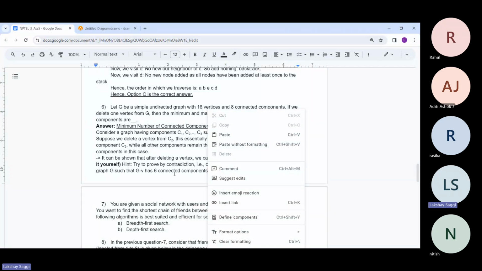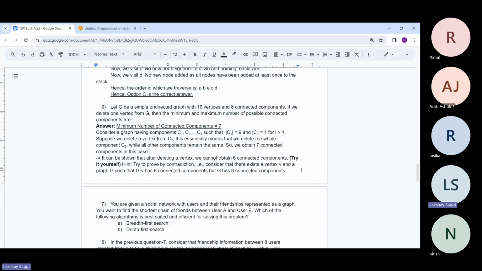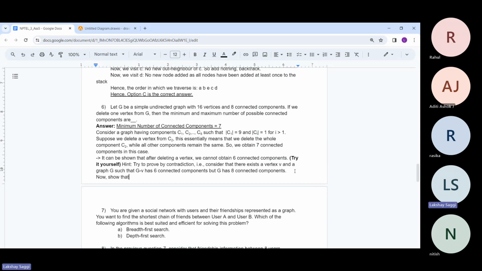Let's label these six connected components. Now show that this cannot be possible. Something like this you'll have to show, and it's not too difficult.